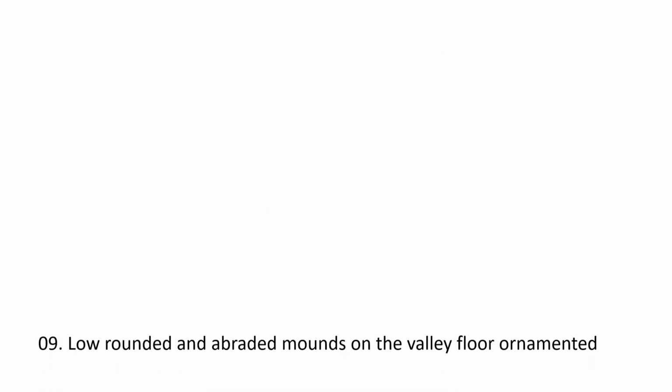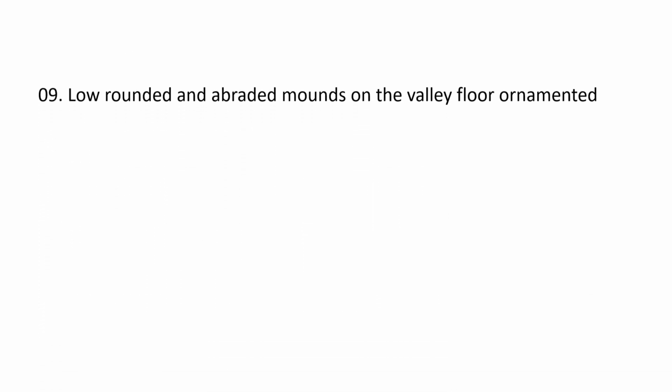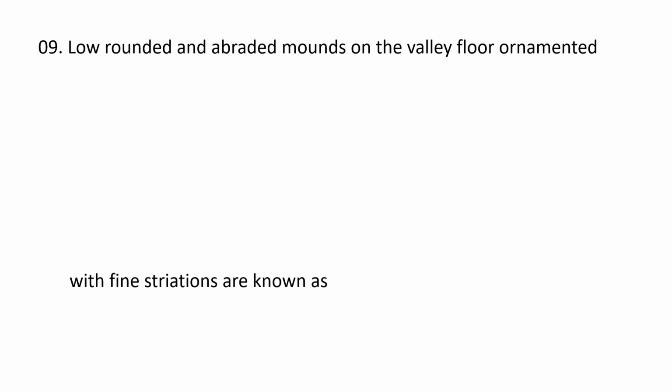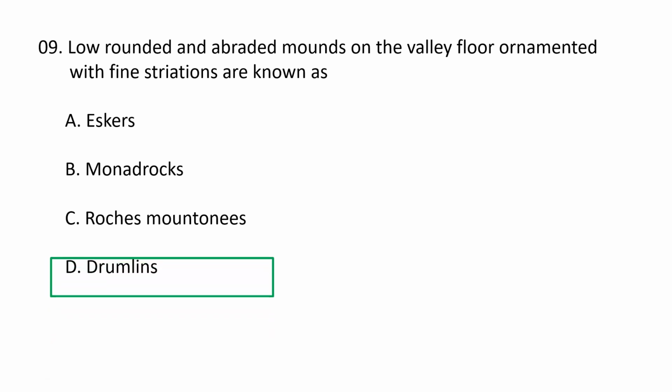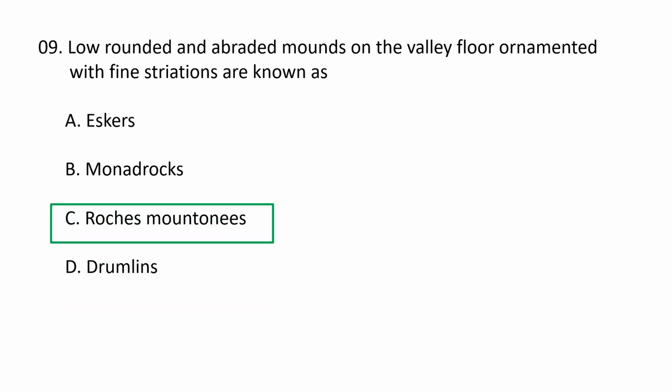Next question. Low rounded and abraded mounds on the valley floor ornamented with fine striations are known as A. Escarps, B. Monadnocks, C. Roche moutonnées, D. Drumlins. Low rounded and abraded mounds on the valley floor ornamented with fine lines or striations are known as roche moutonnées. In glaciology, a roche moutonnée, also known as a sheepback, is a rock formation created by the passing of a glacier.